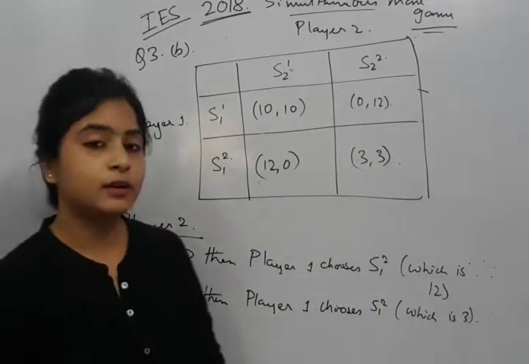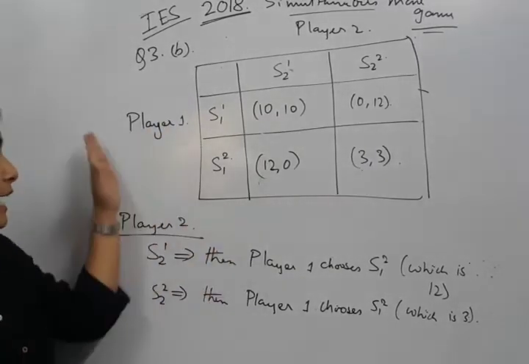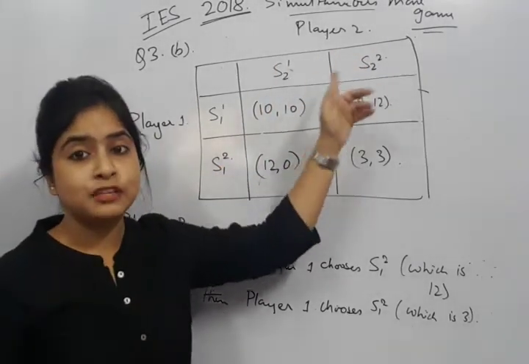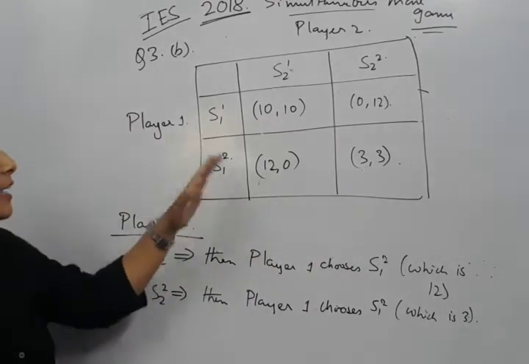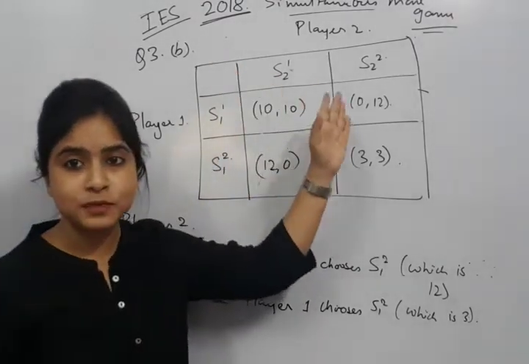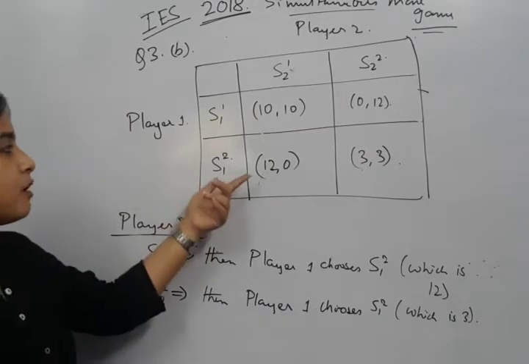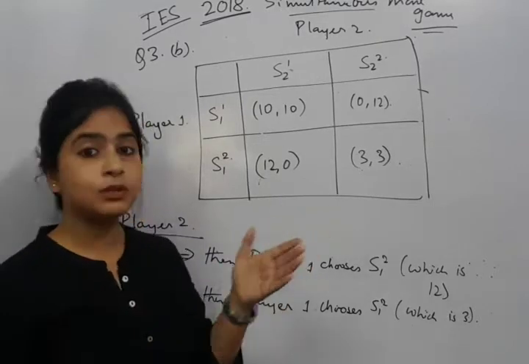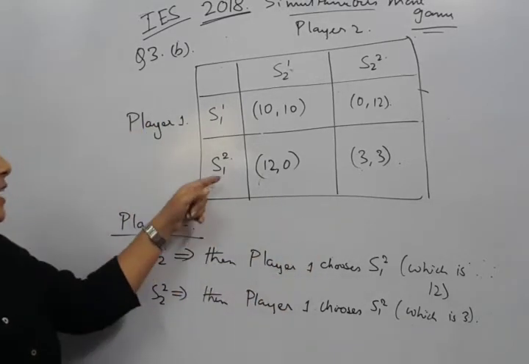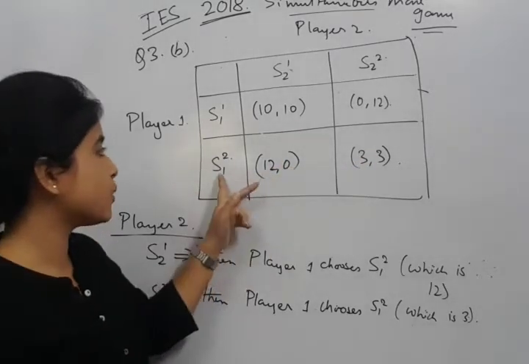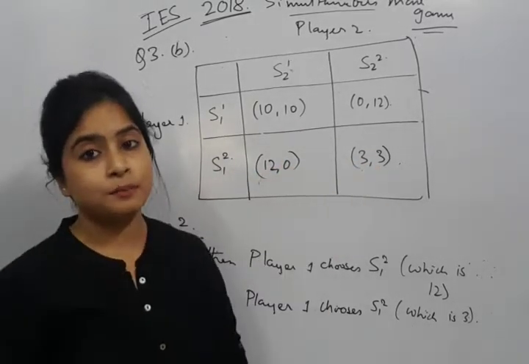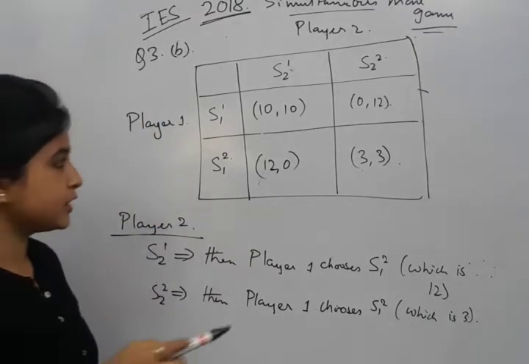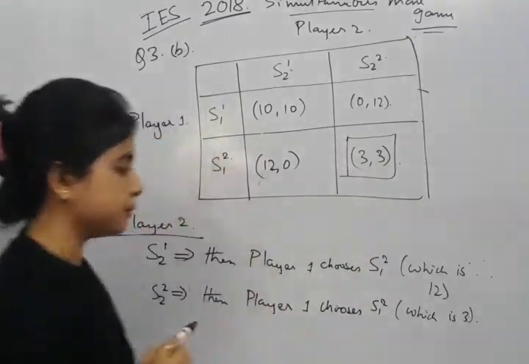If you could recall, when we played the game from the perspective of player 1, player 2 was choosing only S22. Again, playing the game from player 2's perspective, player 1 is again choosing S12 in both the cases. So from this we are getting that yes, the Nash equilibrium does exist, and it exists at the payoff where S12 and S22, where the payoff's value is 3 comma 3. So this is our Nash equilibrium.